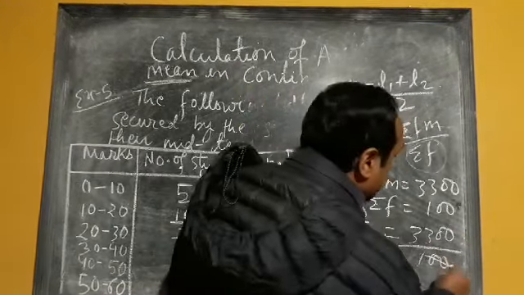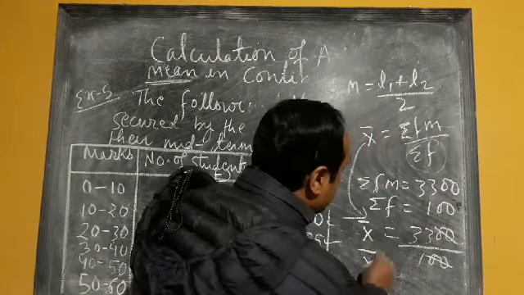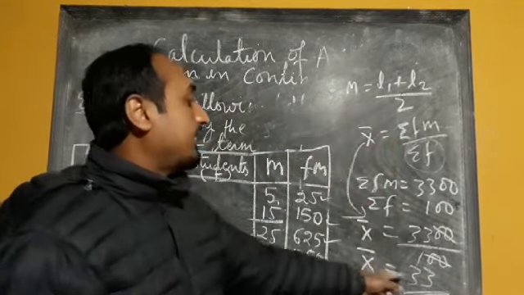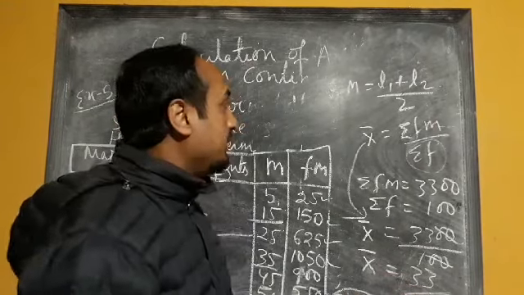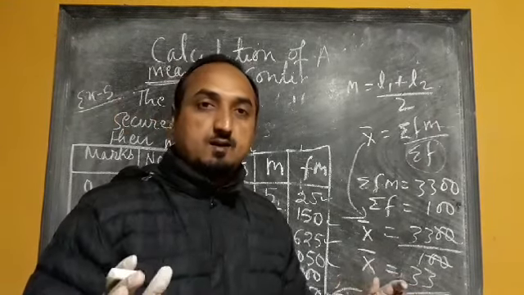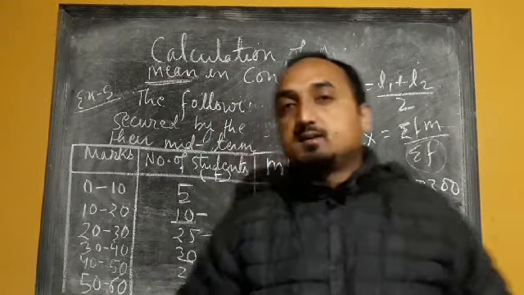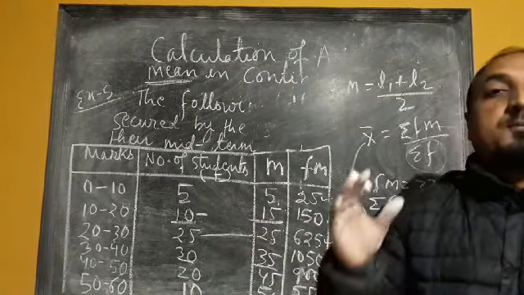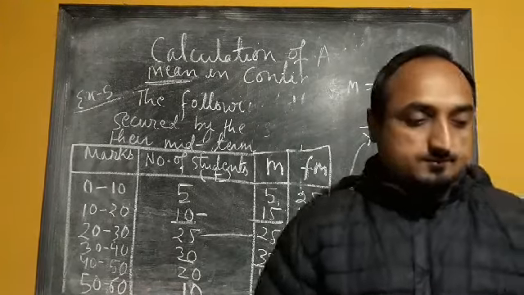Now we can cancel the zeros, and we get x bar equals 33. So this is the value of the arithmetic mean by the direct method. Now I will calculate the arithmetic mean of the same question by using the shortcut method.